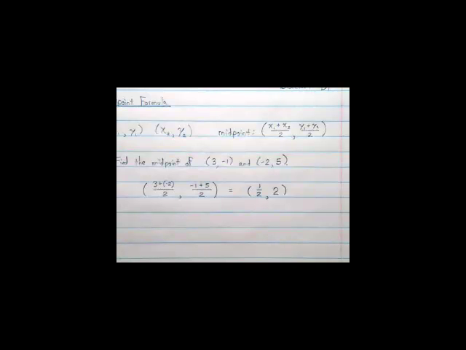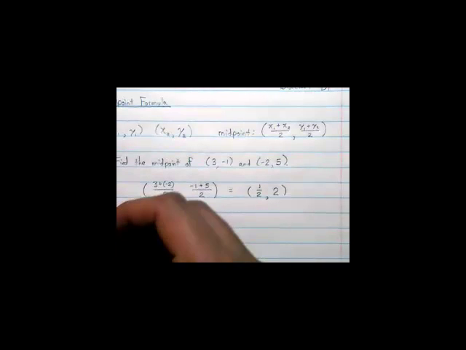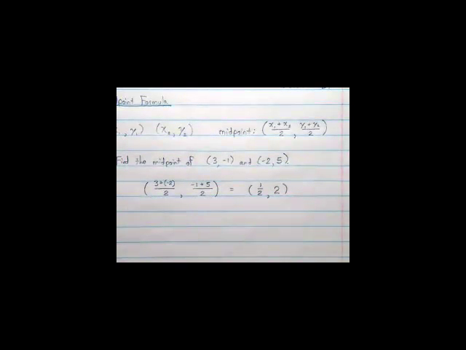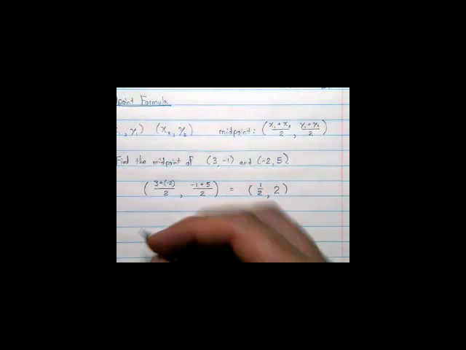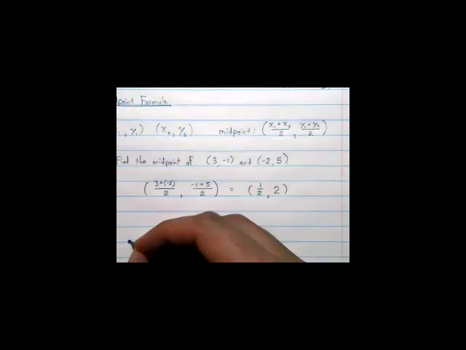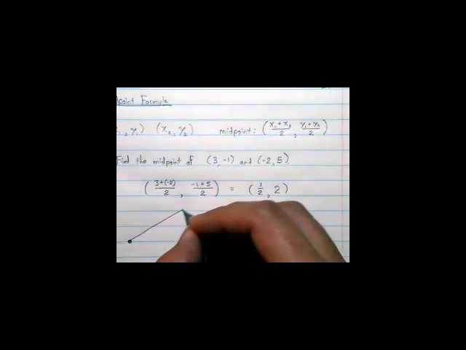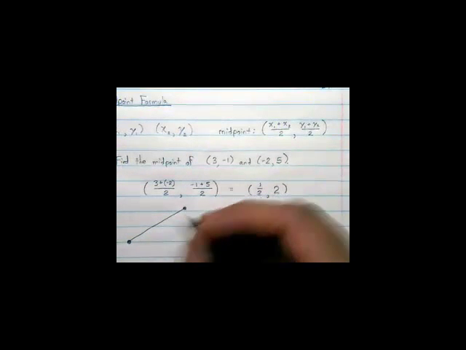Okay. Now, they might get a little tricky with you here. Maybe instead of giving you 2 endpoints, they give you an endpoint of the segment and the midpoint, and they want you to find the other endpoint. Okay? I'll draw a picture with this one to clarify a little bit.